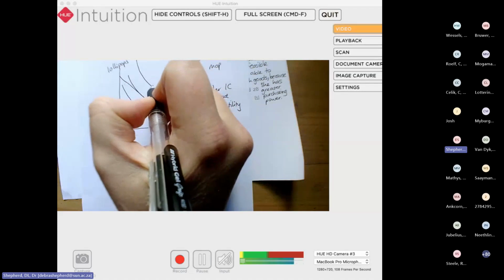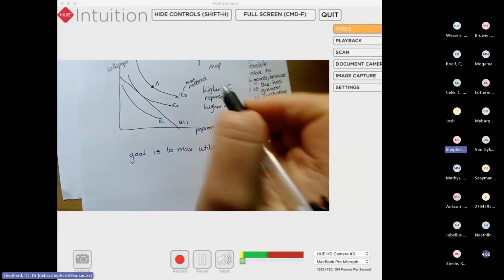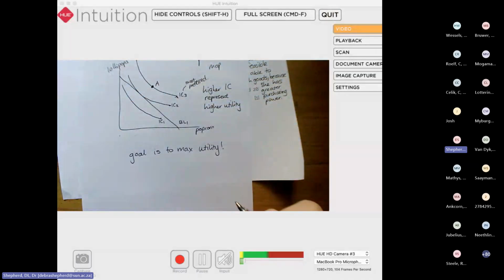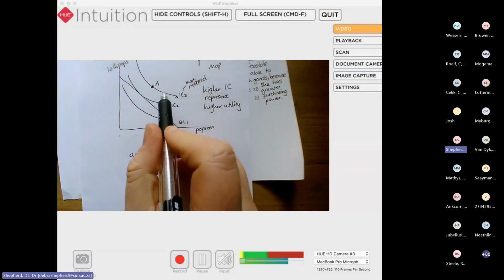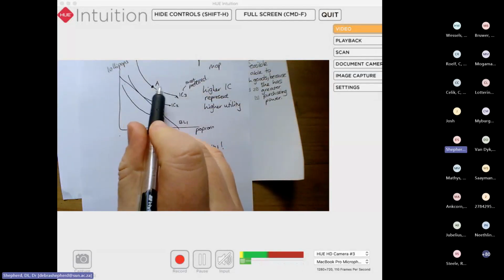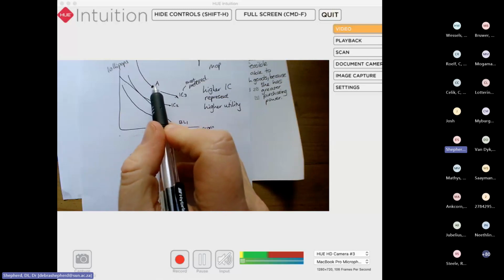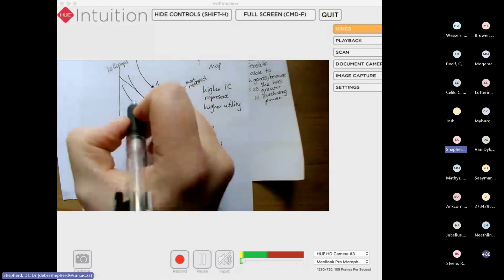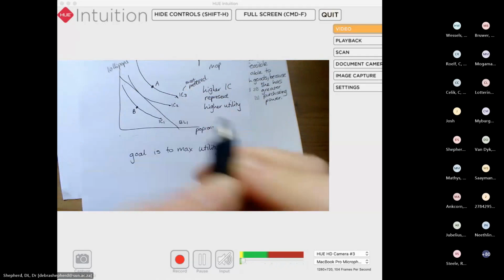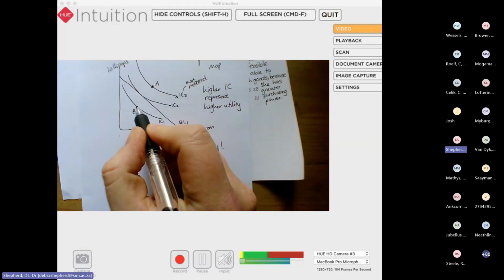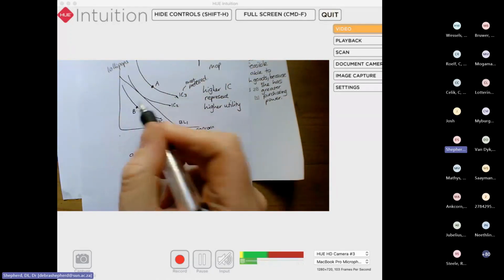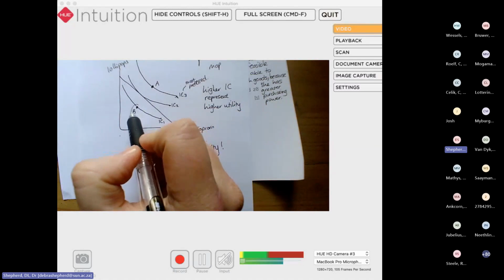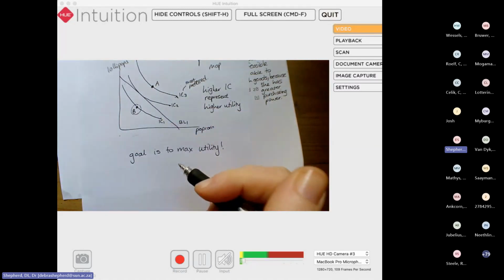If I had to think about a point like A, I could never choose A. A isn't a choice. It is preferred, but it is not a choice. B is possible. I can choose B. I can afford B. Why would I not choose B?